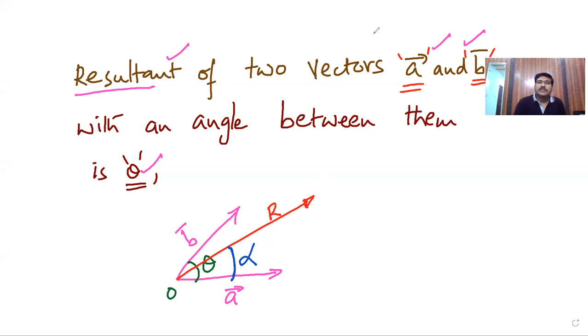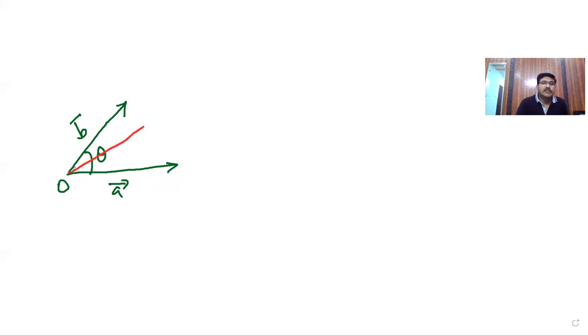Now let us see the process, how to find out the resultant of these vectors. Let us have the clarity. This is a vector a bar. This is a vector b bar. This is the origin, and the angle between them is theta. As I told you, the resultant is lying in between them.